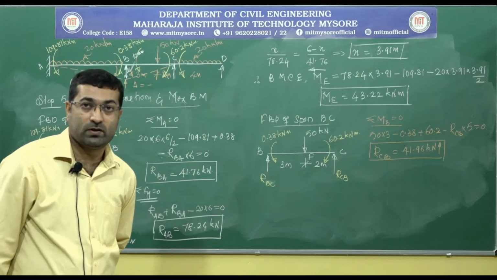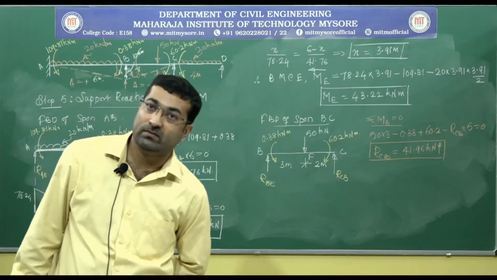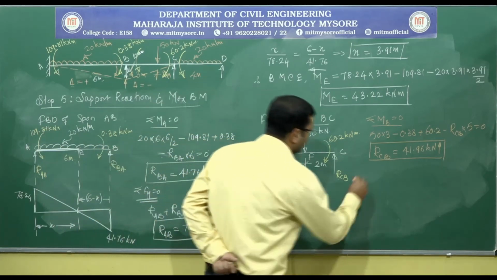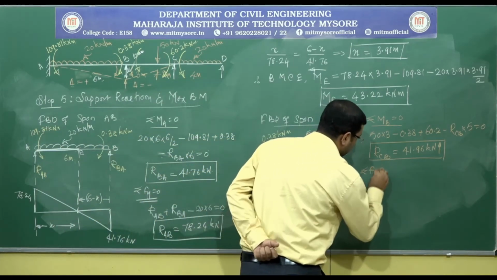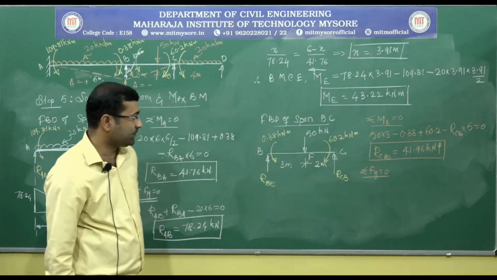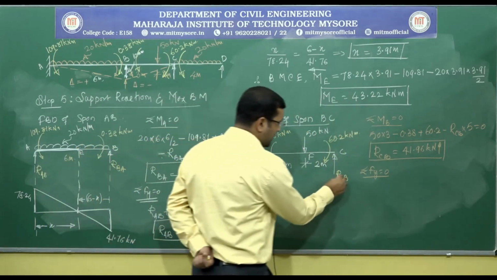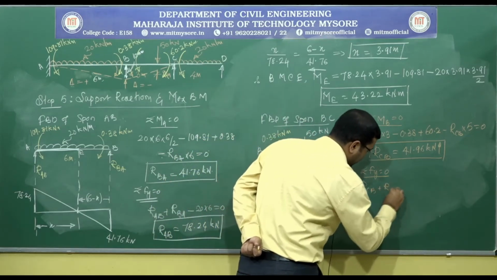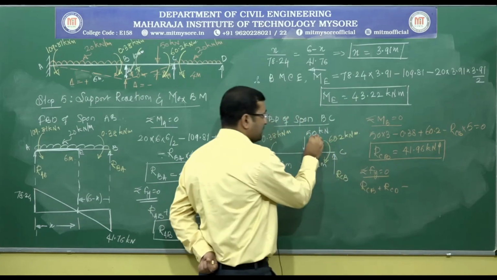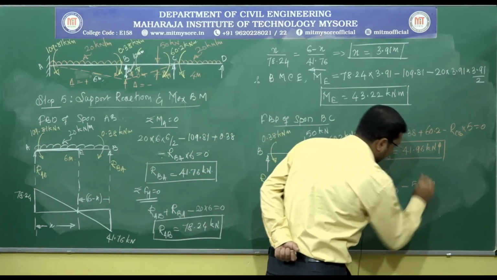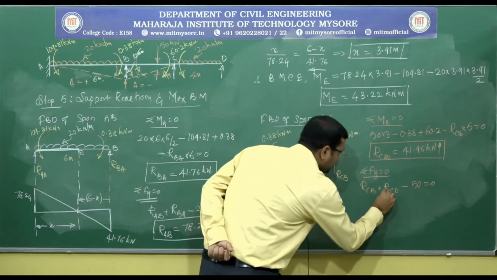We need to calculate one more support reaction, RBC, by imposing the second equilibrium condition. Let me impose the summation of vertical forces equals 0. RBC and RCB are acting vertically upwards. RBC plus RCB minus this load, 50 kilonewton acting vertically downwards, equals 0.